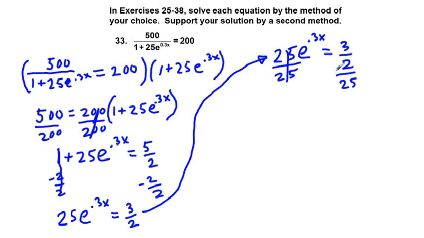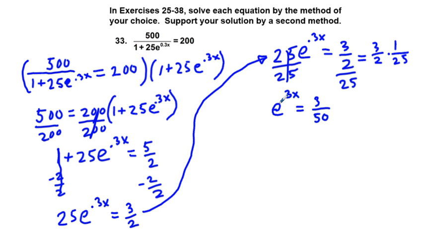Dividing by 25 is the same as multiplying by the reciprocal, so that's going to be 3 over 2 times 1 over 25. So we're going to end up with e to the power of 0.3x is equal to 3 over 50. Okay, we're getting closer now.